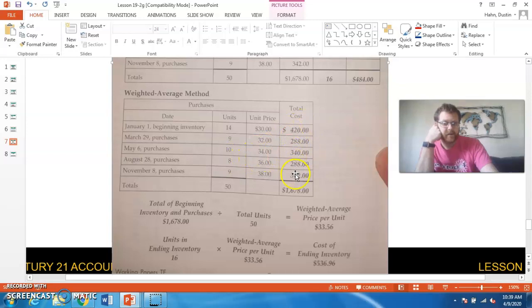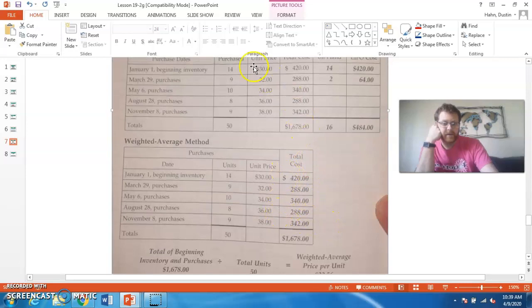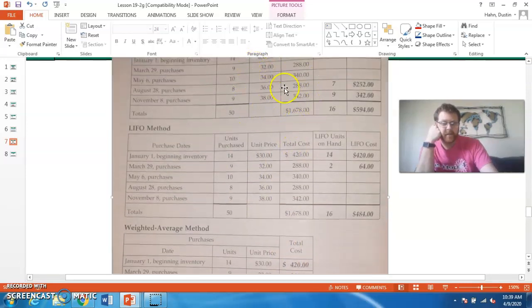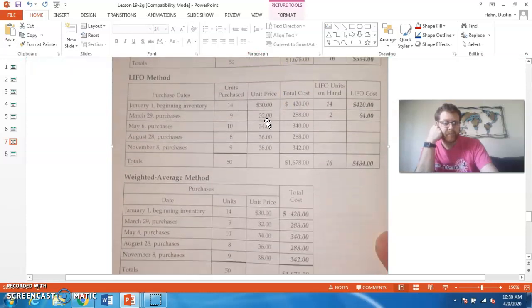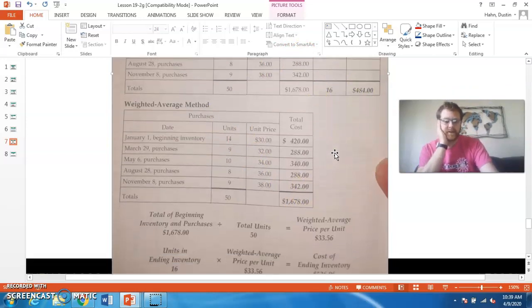So that's where all the total cost comes from. Add those up. That's at $16.78. Again, these columns are identical. If you look right there, it's still the same as up there, and still the same up there. So these numbers are all the same so far in all 3 methods. However, where you pull from is what's going to change it.